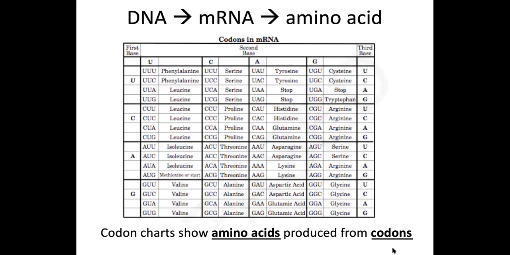So now your third base, which in this case is G, is the fourth line of that box. You would look in the box you're stuck in and look to the fourth line, and that would give you your amino acid, which in this case is MET or methionine, which is known as the start codon.